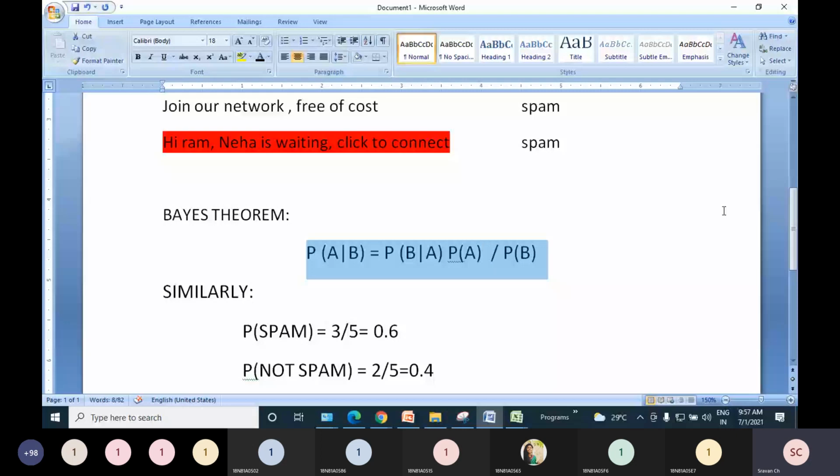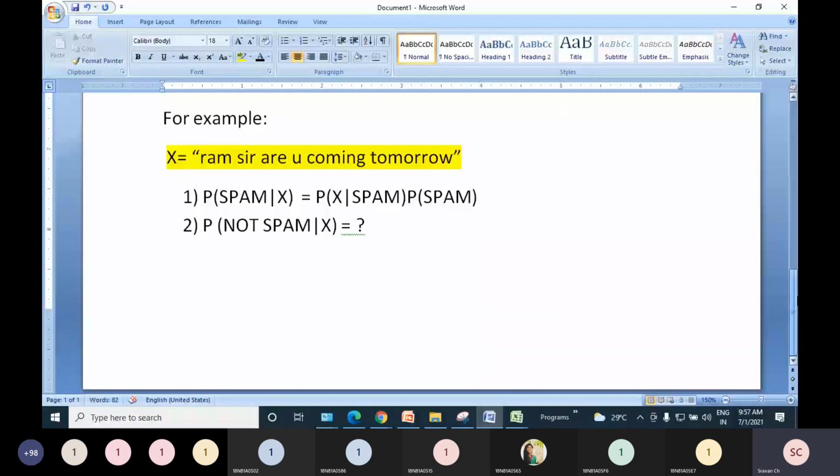So here A is spam, B is X. So P of A given B is equal to P of B given A, meaning X given spam, into P of A, which is P of spam, then divided by P of X.